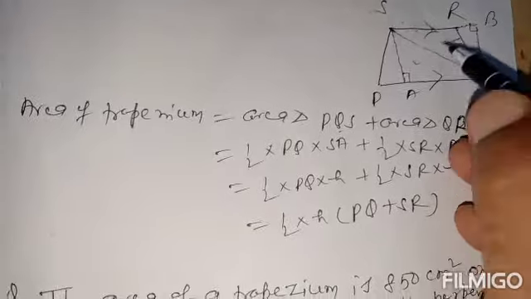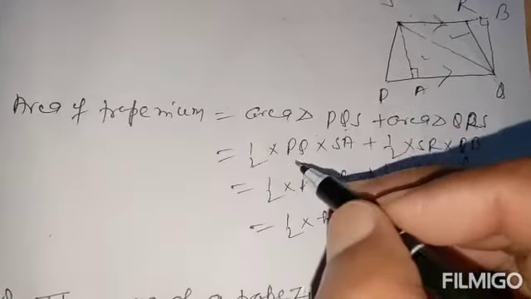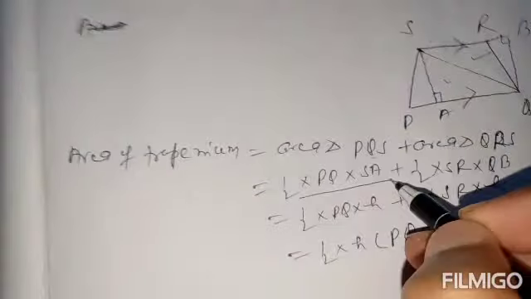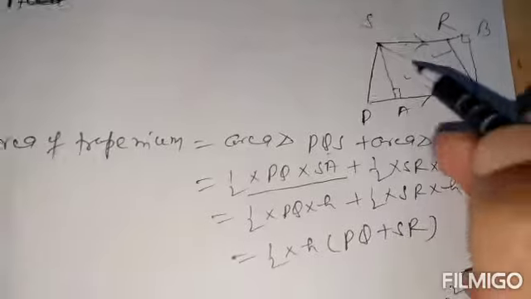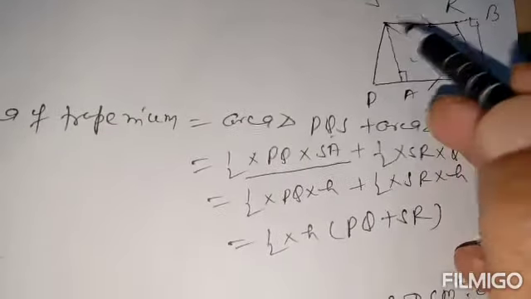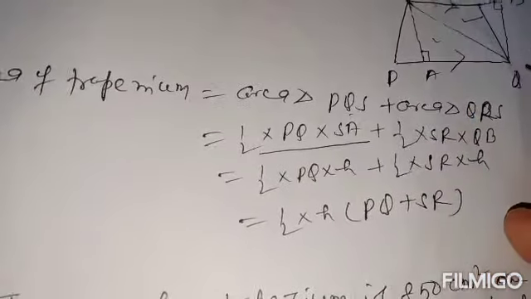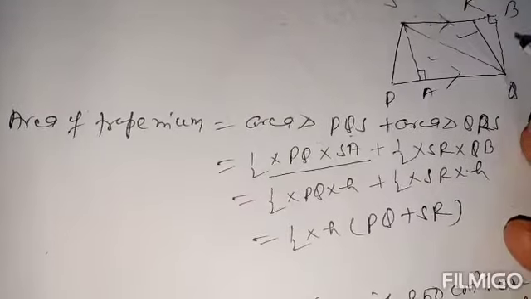We know that the area of a triangle is half into base into height, so half into PQ into SA, plus for triangle QRS, the area is equal to half into SR into QB.